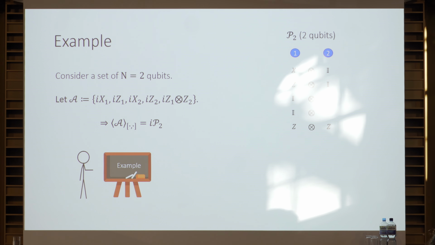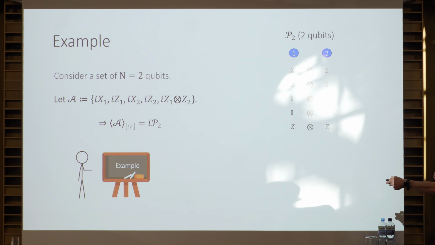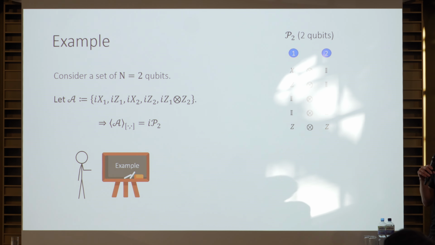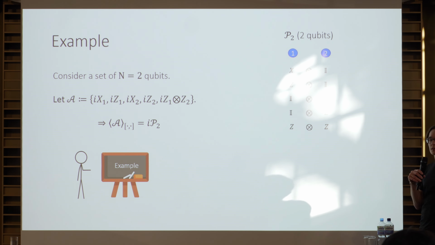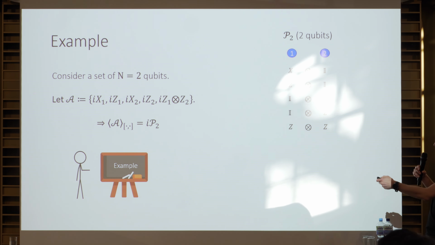Okay, let's go through a really quick example because I always find it useful. So we have 2 qubits, and we have this set. This is 2 qubits. It has 5 operators. So in principle, after what I told you, this could be universal, and in fact it is.